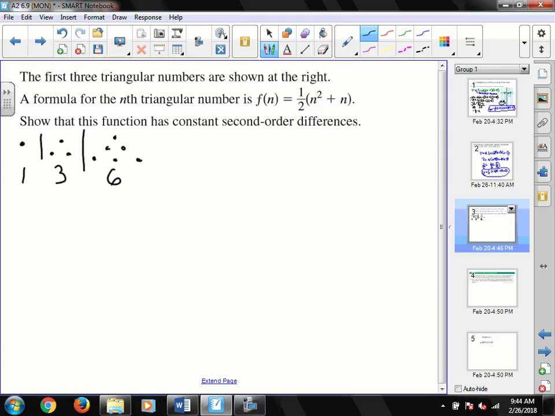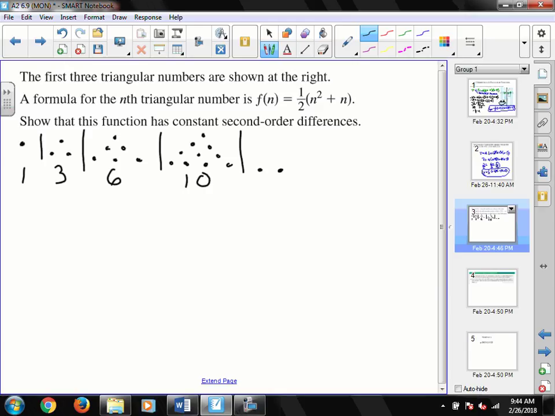We're going to add 4 to the bottom. Okay, so how many do I have now? 10. Let's do one more. What am I going to add to the bottom?